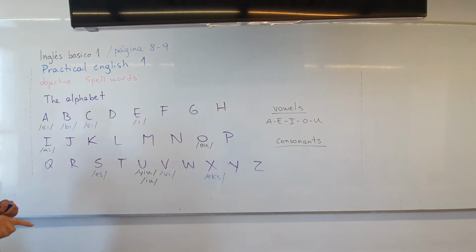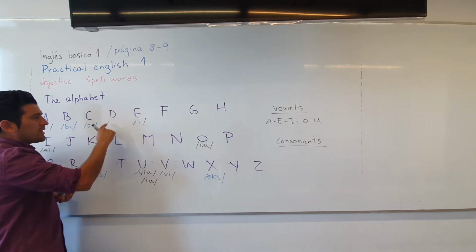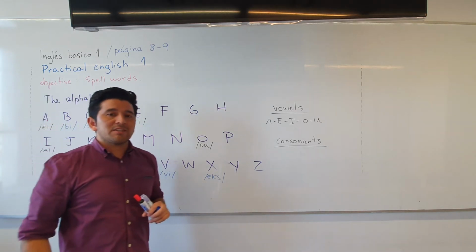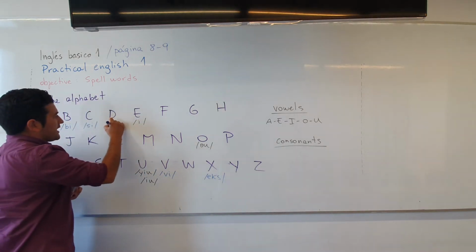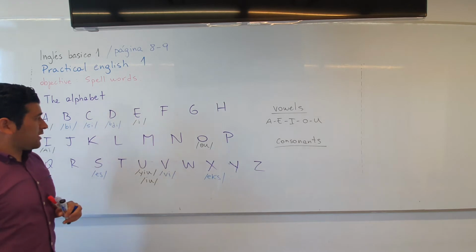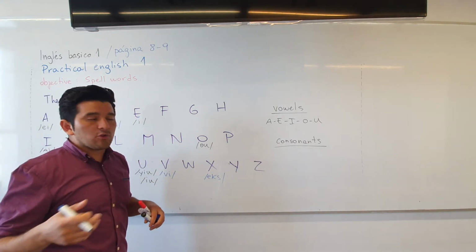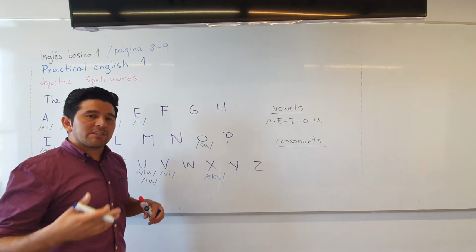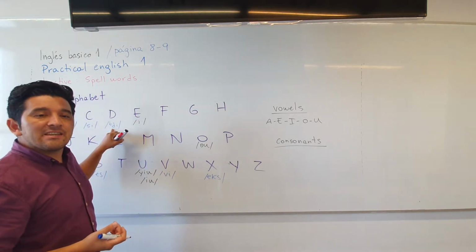Let's continue with the other group. What happened with this one? The pronunciation is D, D. Porque no es la D del español cuando dice dedo, dado. No. In this case, it's different.